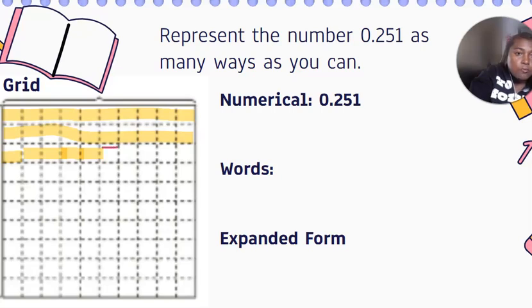I could actually just put it right next to it, and that's 1 line that would be shaded out of 10, again, to break up the thousandths place. So we have our grid.